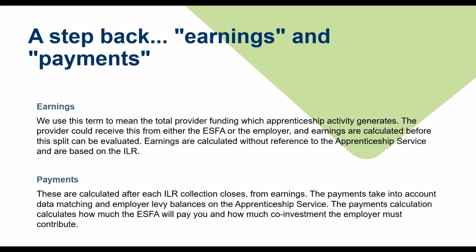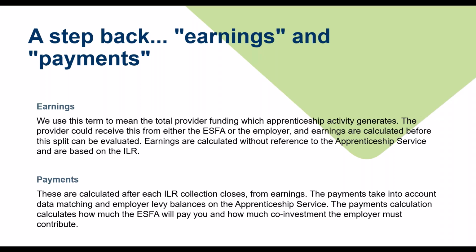So before we talk about the actual report, it's worth taking a step back to talk about the difference between earnings and payments. So many of our reports talk about either earnings or payments, and we have two separate calculations in our systems, one for earnings and one for payments, which run at different stages in the process.